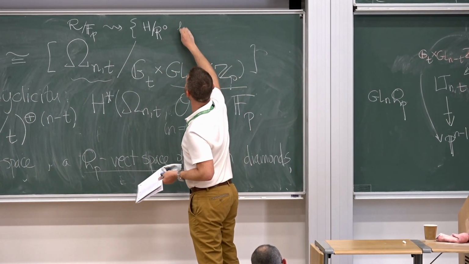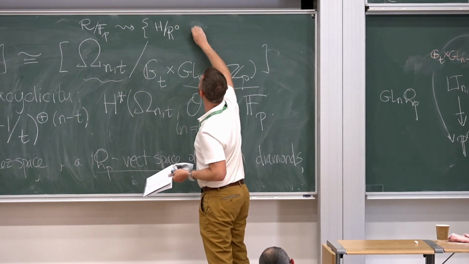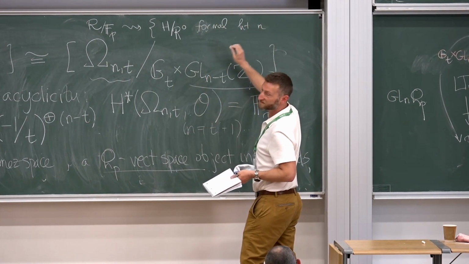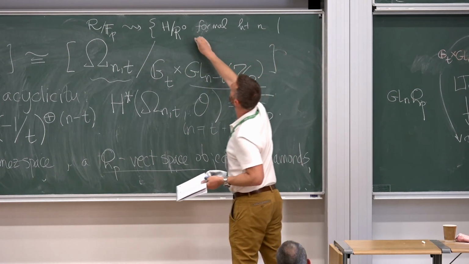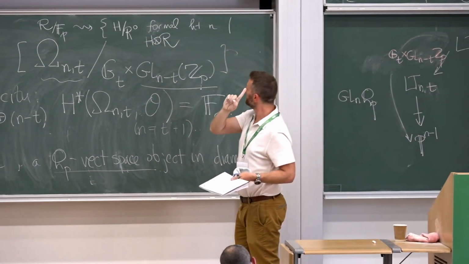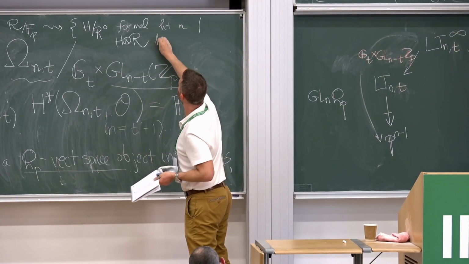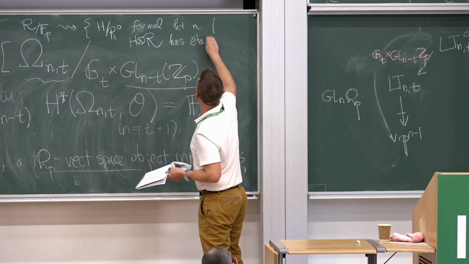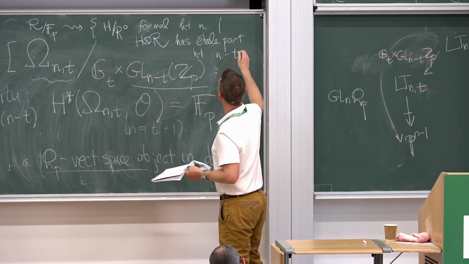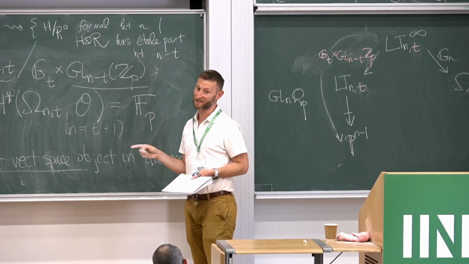And you want these to be formal of height n, such that on the generic fiber, that is, if you tensor it with R, this now has an étale part of height n minus t. That's exactly it. So it's some moduli space for p-divisible groups, but they just live in characteristic p.